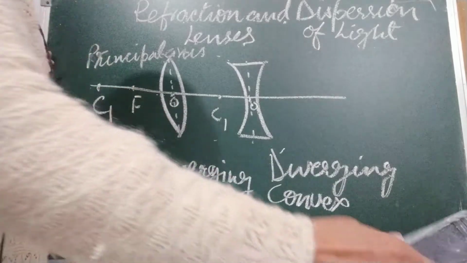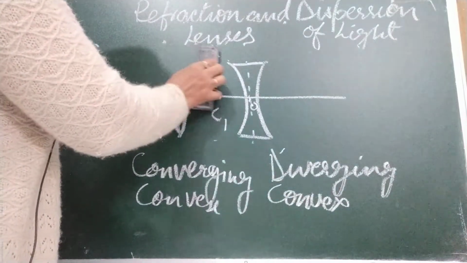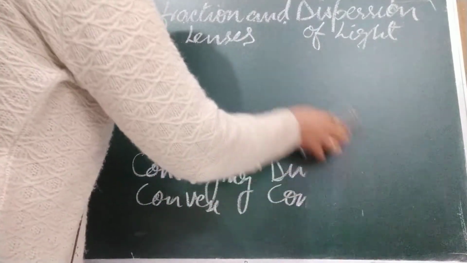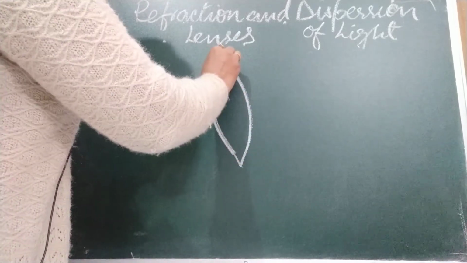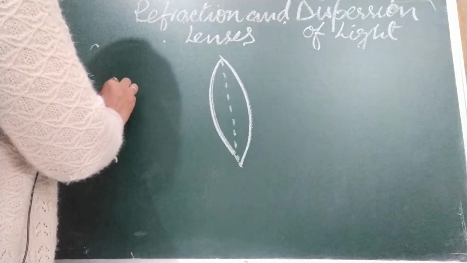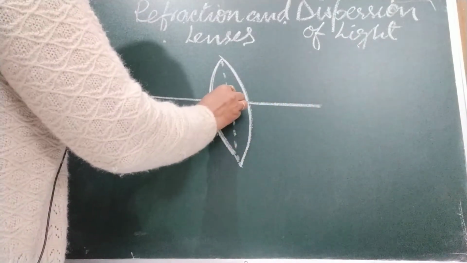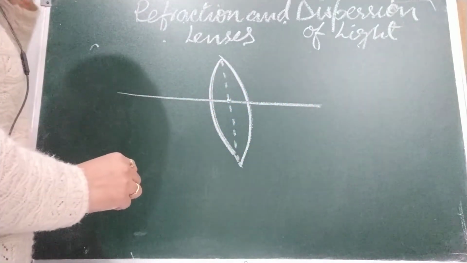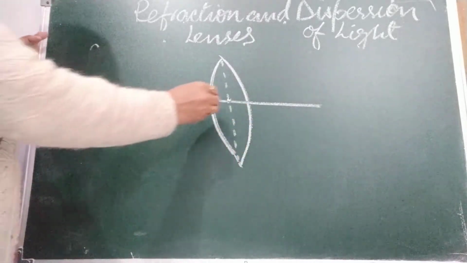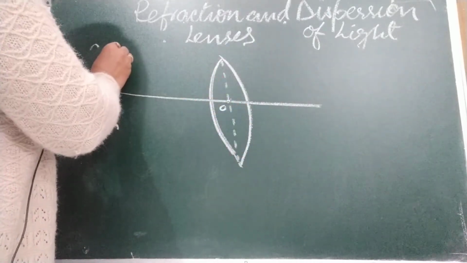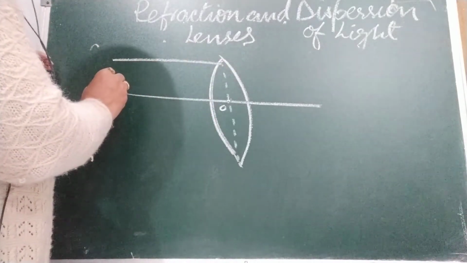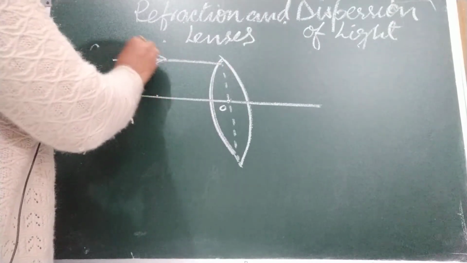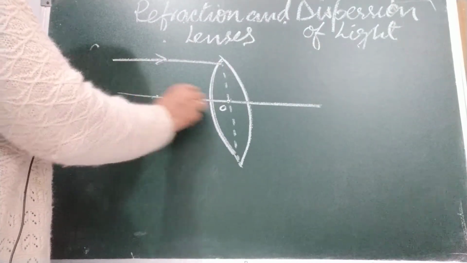Now I am going to tell you about converging and diverging lens and focus. First, the converging lens. Children, why do we call it converging? These different terms I have told you. This is the principal axis and this is the optical center. How are the rays passing? A very important question. Suppose we take only two rays. One is coming parallel to the principal axis.